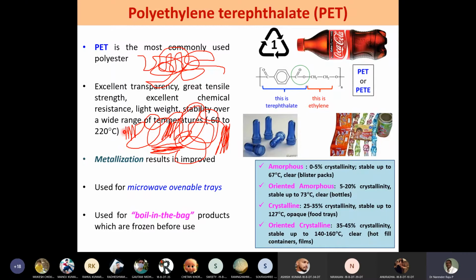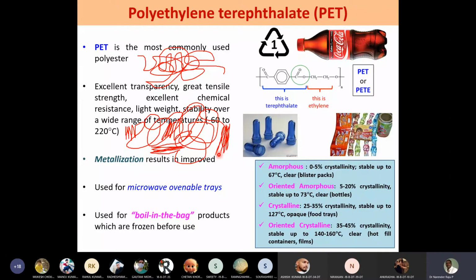If the tight packing is more in the polymer's structure, then you have more crystallinity. You see this one here, here, here, tight packing here. So percentage crystallinity will increase if this kind of tight packing is there in the polymer.